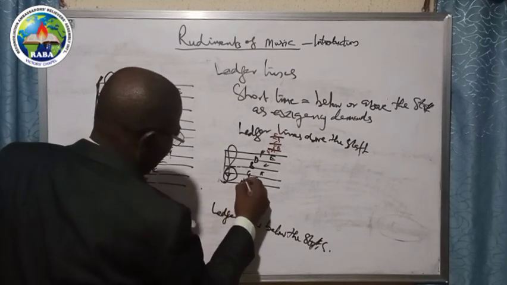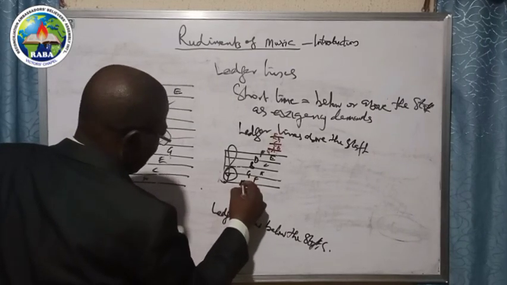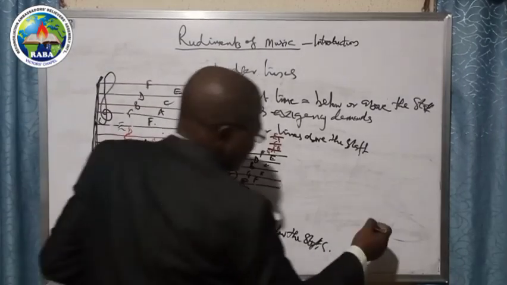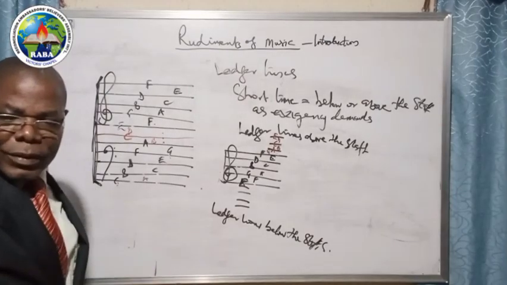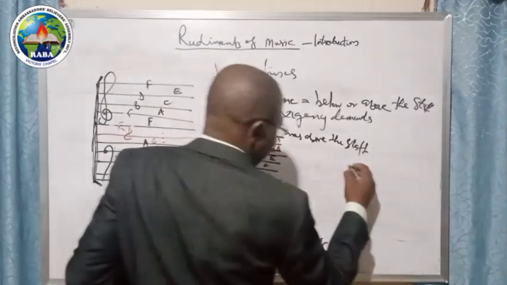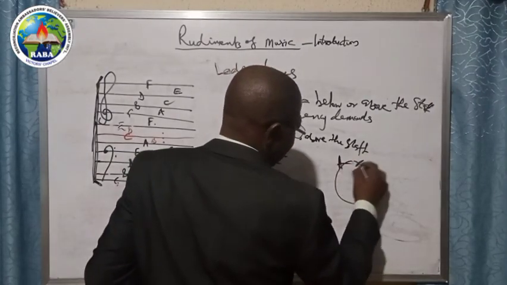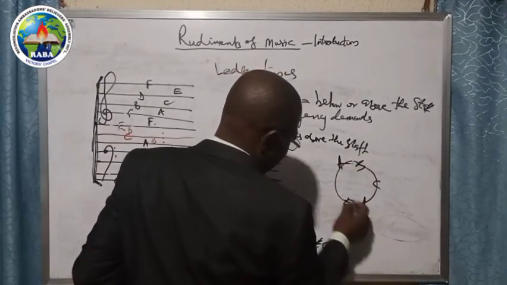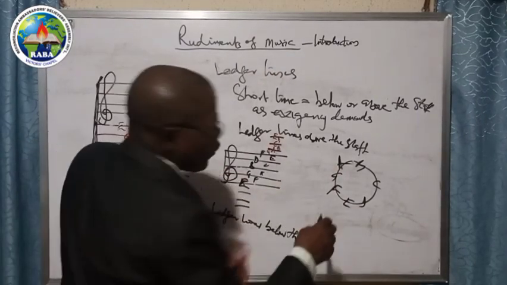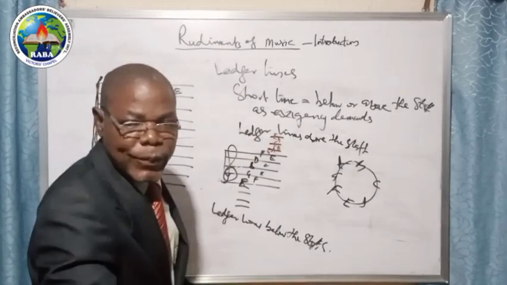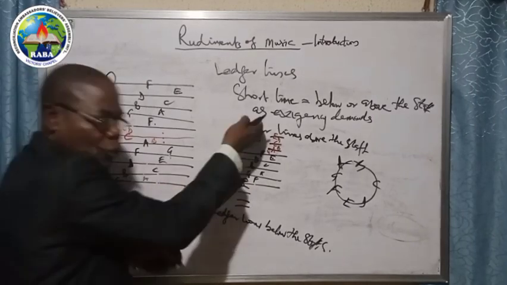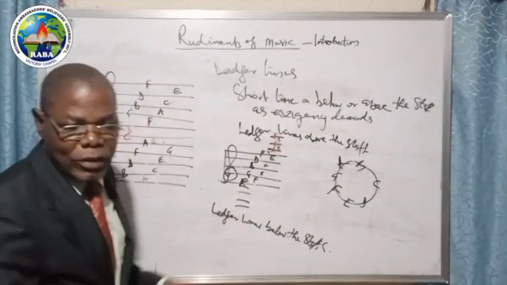Again, you have to look at the circle I drew in the first lesson, something like A, B, C, D, E, F, G. Now, when we are moving from bottom to top, we are going clockwise, just like the clock moves.